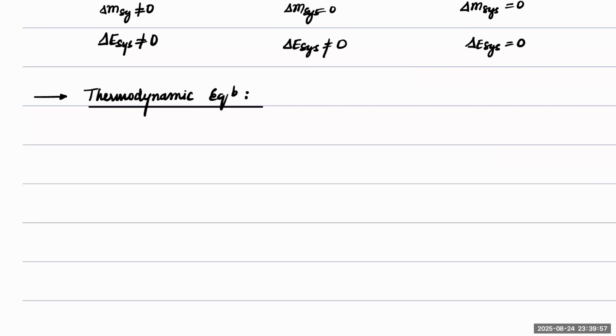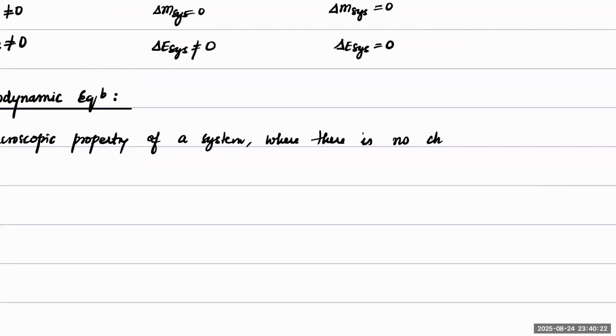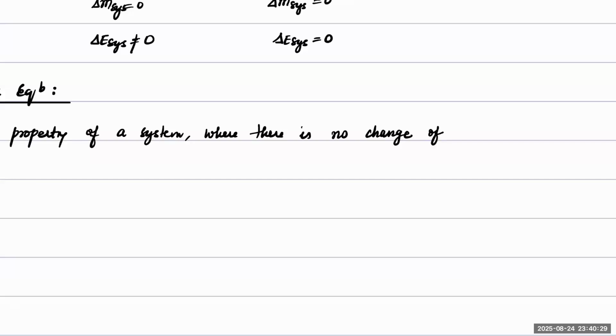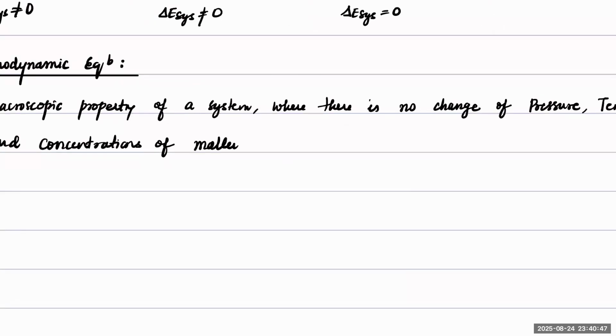In simple terms, what it means is that it is a macroscopic property of a system where there is no change of pressure, temperature, and concentrations of matter in the system.